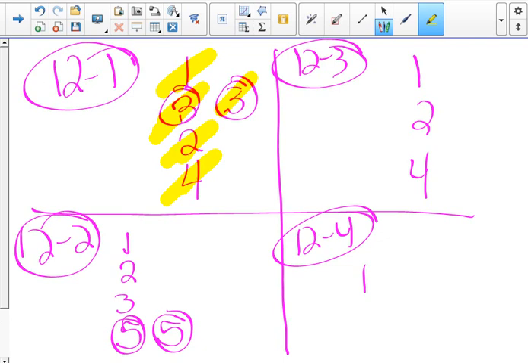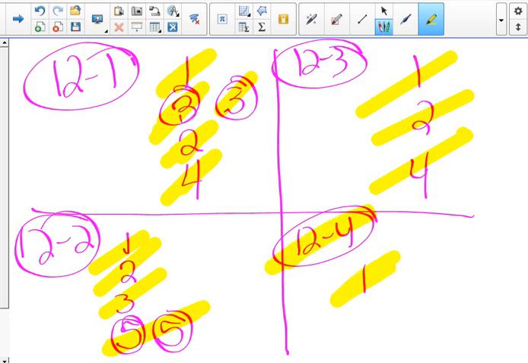On 12-2, there's a problem 1, a problem 2, a problem 3, and 2 problem 5. So 2 different types of 5 on 12-2. And then on 12-3, you've got problems 1, 2, and 4. And then for 12-4, which is what we're doing today, just the problem we solved is on the test Monday.